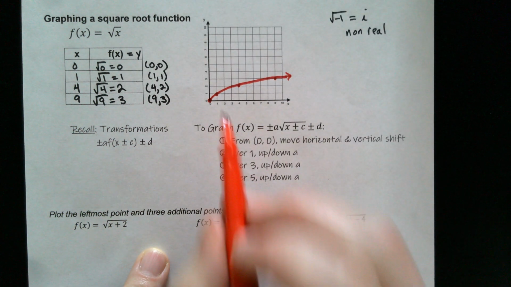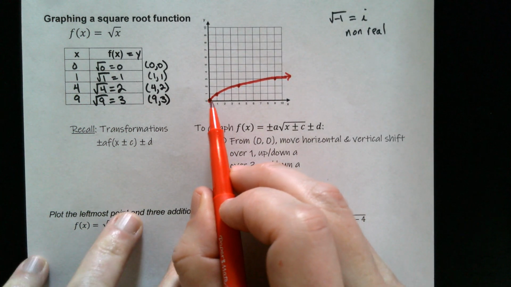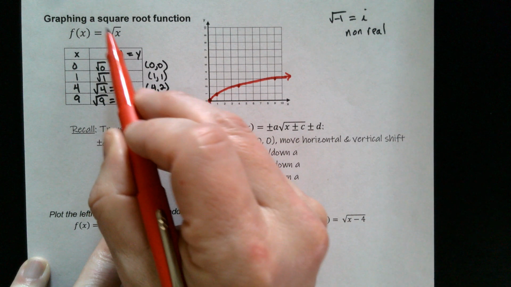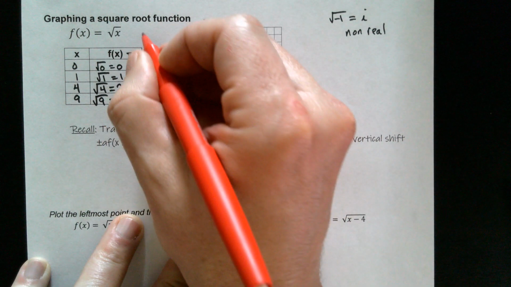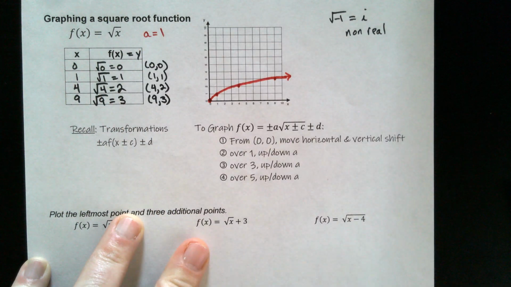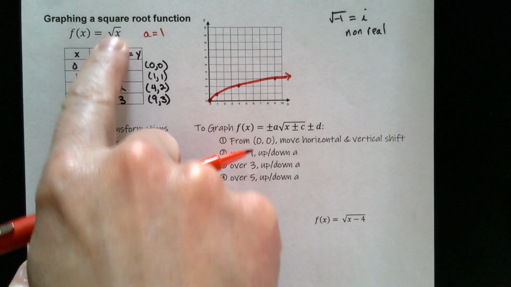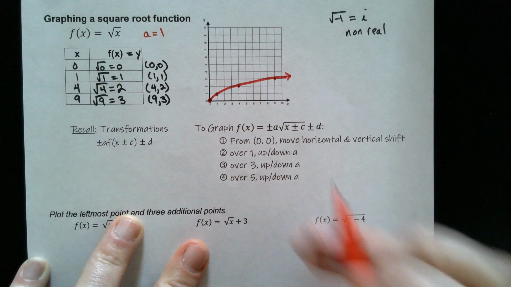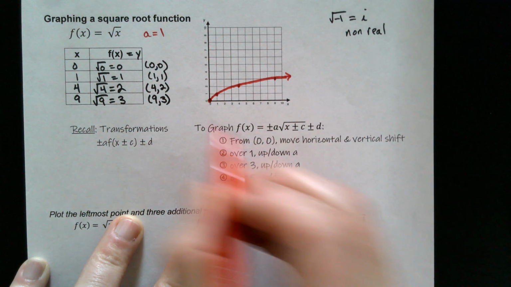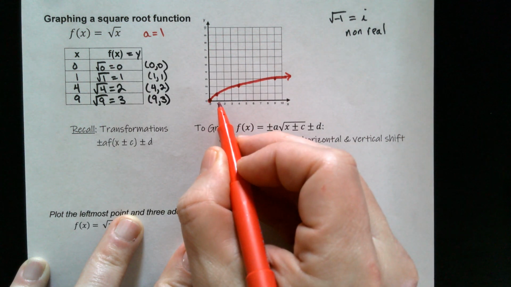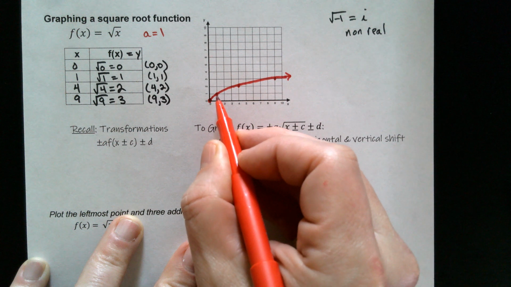We can see that on this parent function real quick. You see that there's no number out front, so the A on this would have been a 1. It says from 0, 0, do the horizontal and vertical shift. There are none because it's the parent function. Then it says move over 1, up or down A. So I'll move over 1, and since A is 1, up 1 and plot a point. We already have a point there.